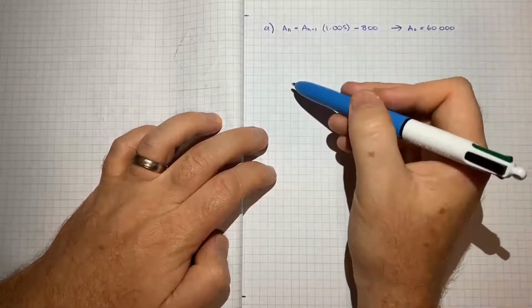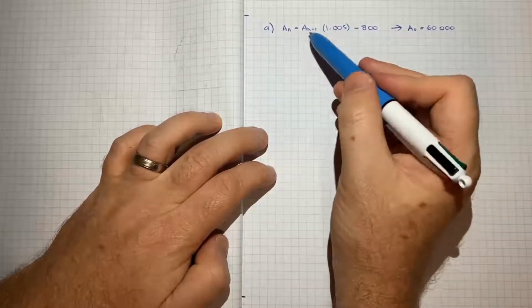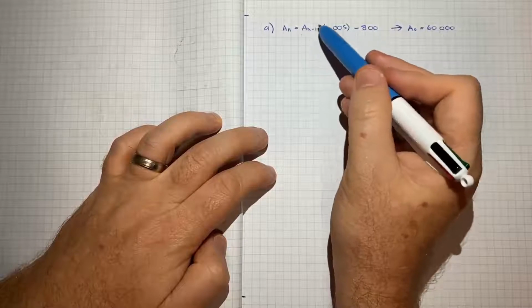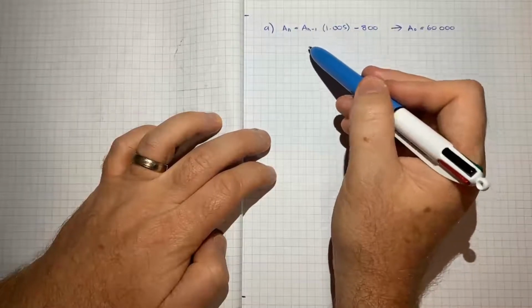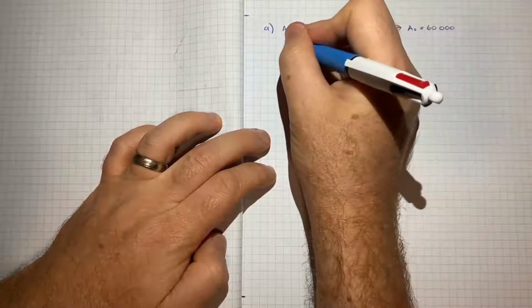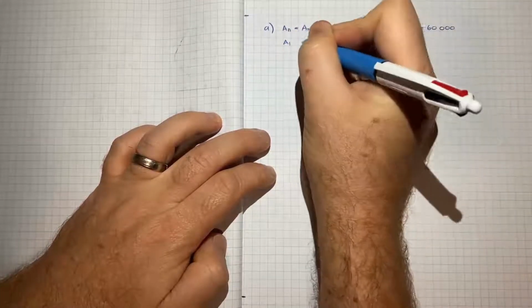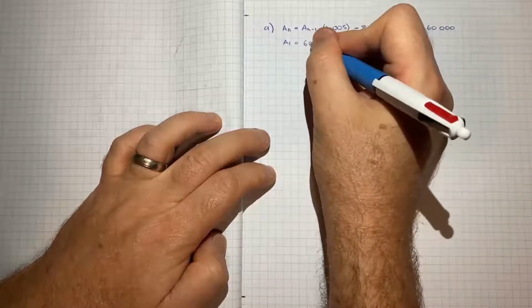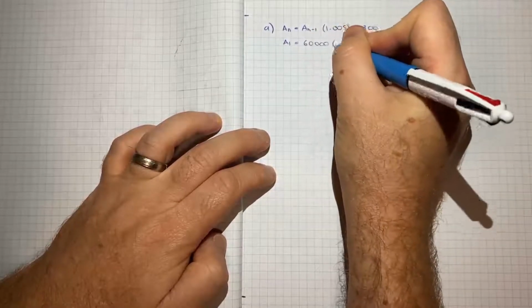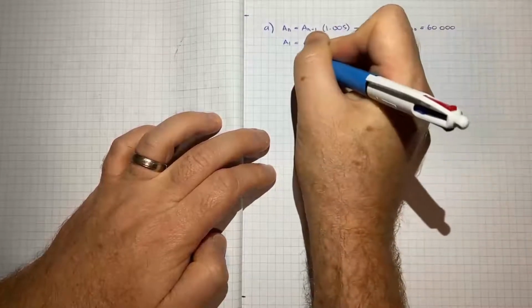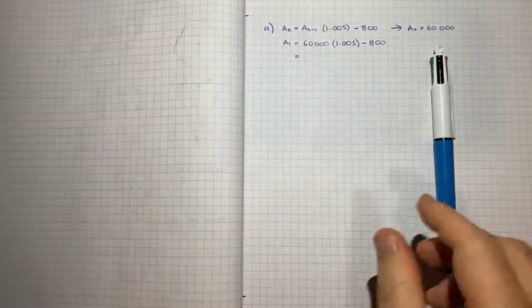So we want to get to A_3, and we can do that just by working up from A_1, because there's a recurring nature to this series. So we can first start by saying, what is A_1? Well, that's going to be equal to A_0, which is 60,000, times 1.005 minus 800, and we can just key that into the calculator.